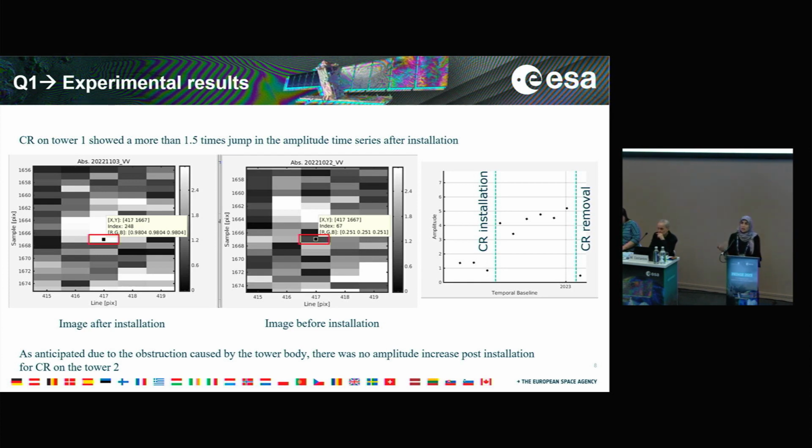And as we expected for corner reflector 2 on Tower 2, there wasn't any clear signal or jump in amplitude value because of the obstruction made by the body of the tower.